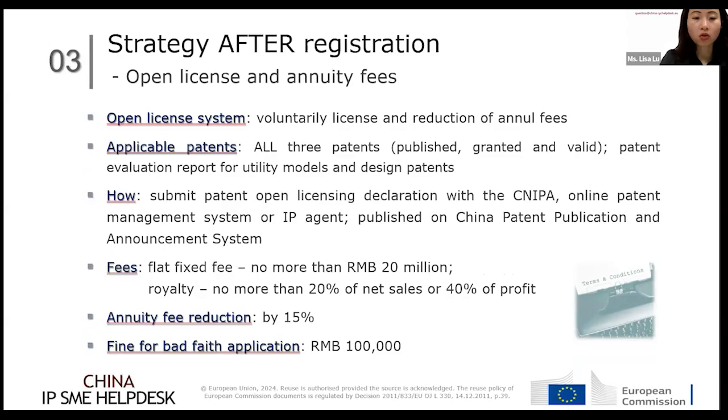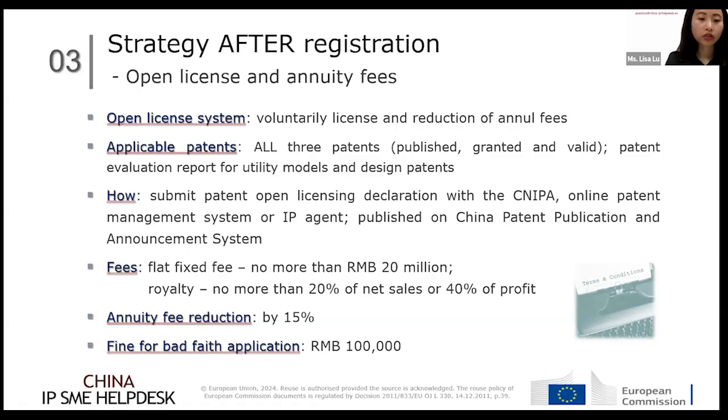It's applicable to all types of patents, including invention patents, utility models, and industrial designs. But you need to wait until your patent is granted and published to ask for the open license. And you have to make sure your patent is valid. And a patent evaluation report for utility models and design patents is required when you ask for the open license.